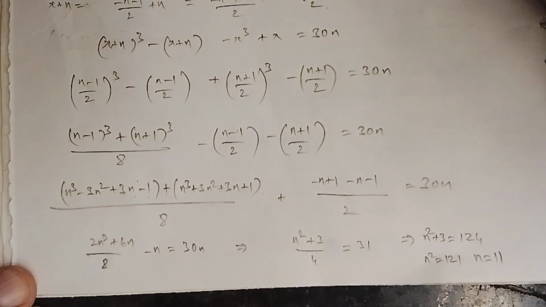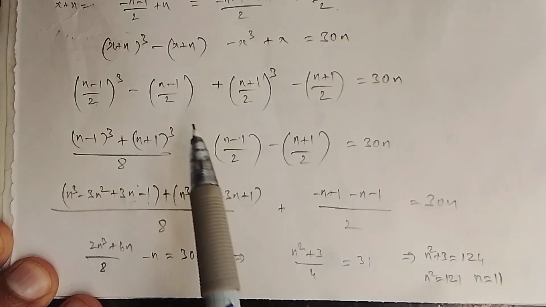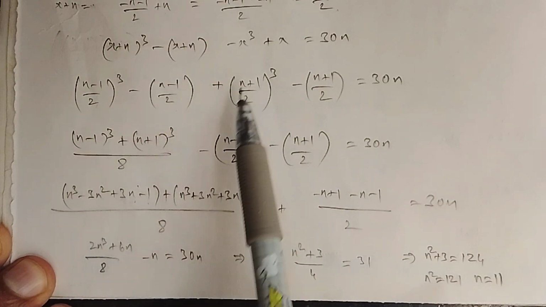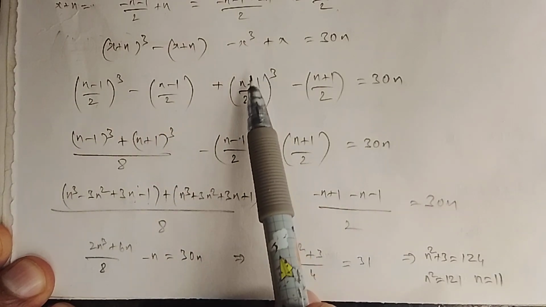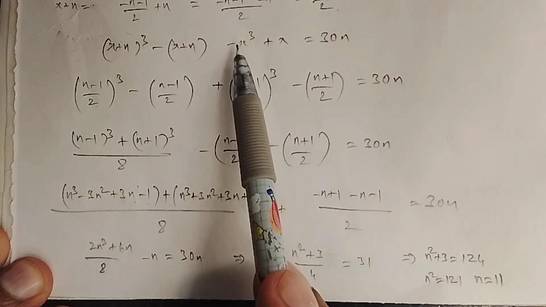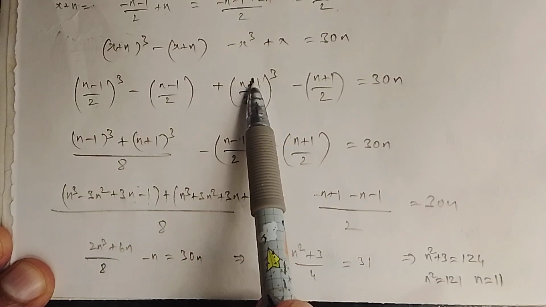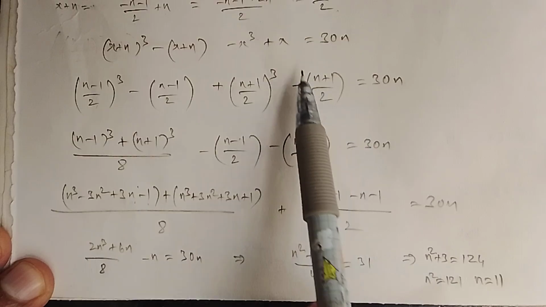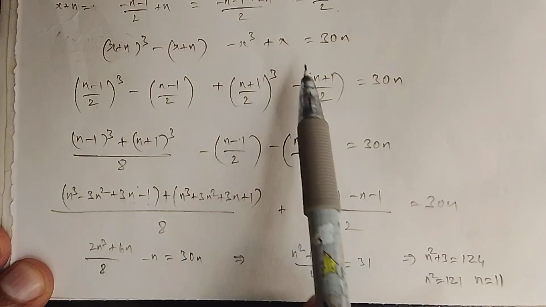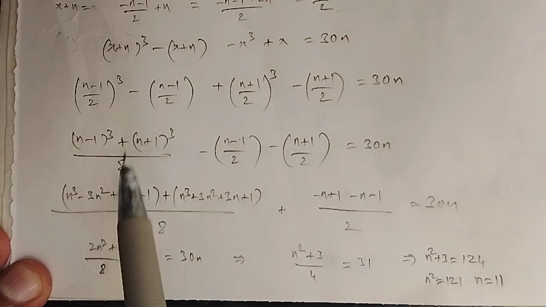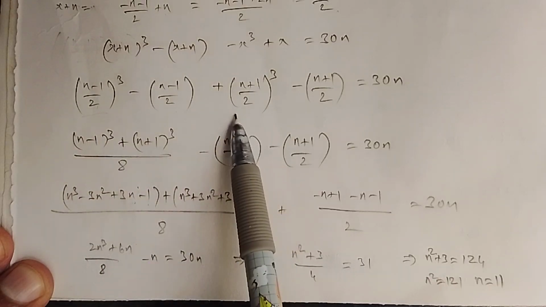N minus 1 by 2 whole cube minus of x plus n is n minus 1 by 2 and n plus 1 by 2. x is minus of n plus 1 by 2, right? Minus of x cube will become plus of n plus 1 by 2 whole cube, minus plus x is minus of n plus 1 by 2. Right, we'll gather this and this.